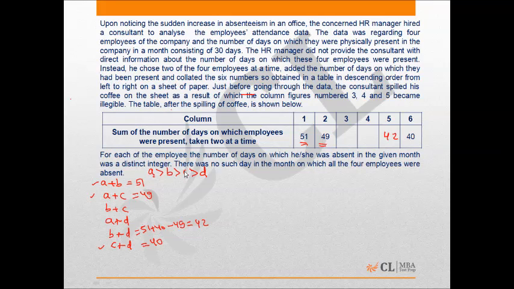Now if you see the first set, A plus B is 51, and because A is more than B, I can be sure that A has to be more than or equal to 26 and B has to be less than or equal to 25. From A plus C is 49, I can be sure that A has to be more than or equal to 25, C has to be less than or equal to 24.